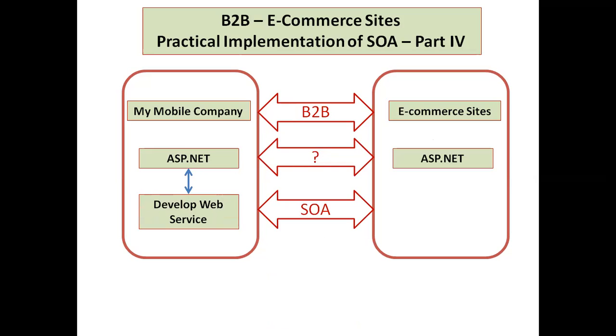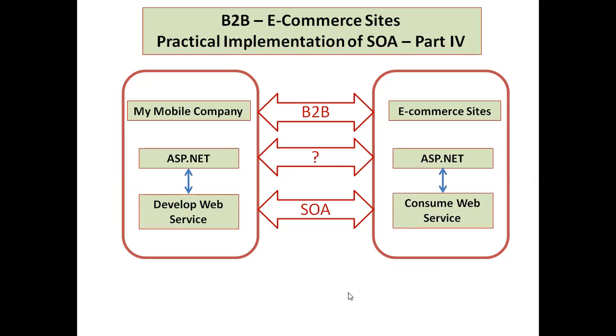The first web service retrieves all the mobile phone records required for the e-commerce site, and the second, which we saw in part 3, retrieves the mobile phone records with the help of the mobile name. So the prerequisite is ready. Now, how do we consume the web services in the e-commerce site? That is today's exercise.